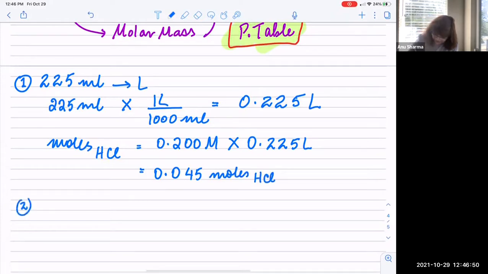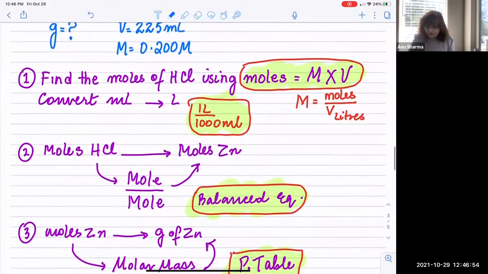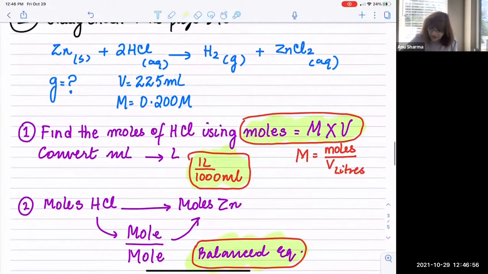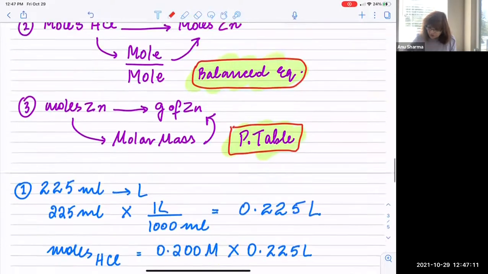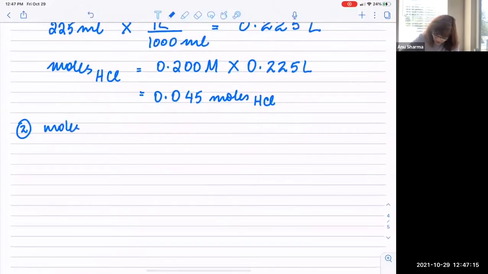Next, you take the moles of HCl and convert them to moles of zinc using these coefficients. We don't care about hydrogen or zinc chloride. We only care about the relationship between zinc and HCl, which is 1:2. So here we will get the moles of zinc.